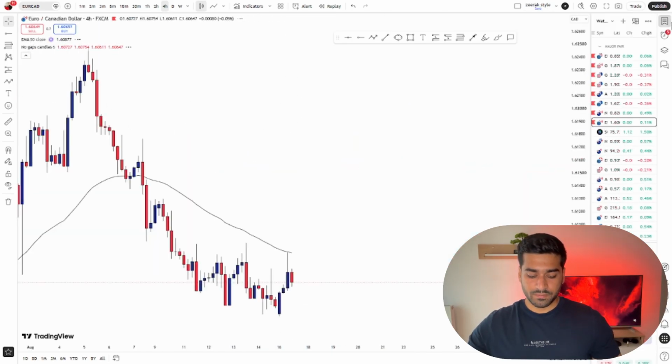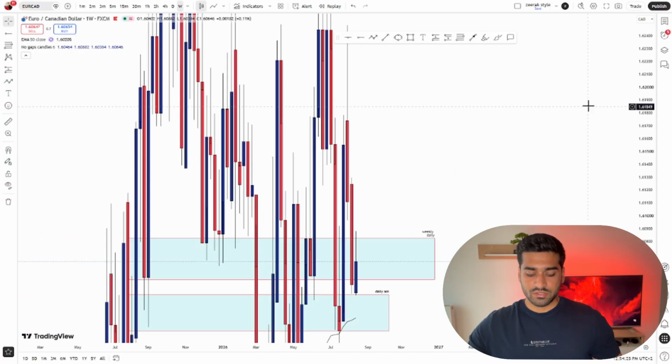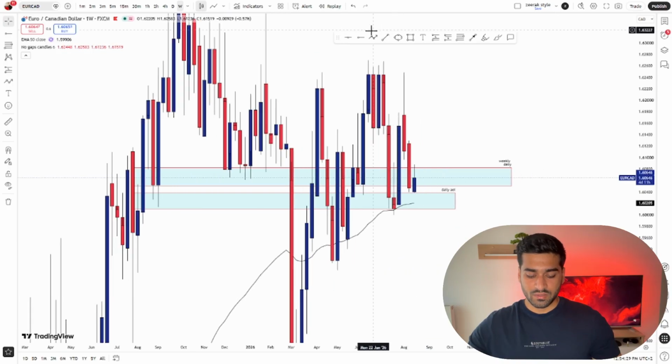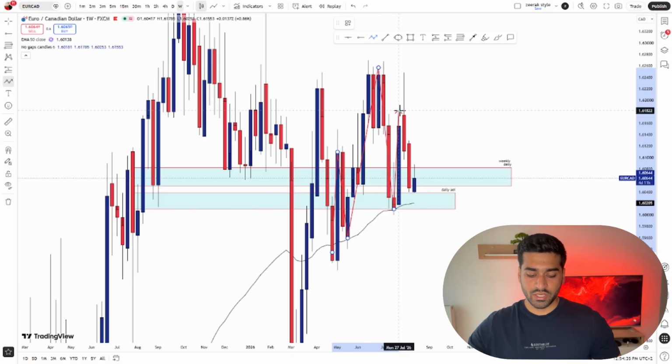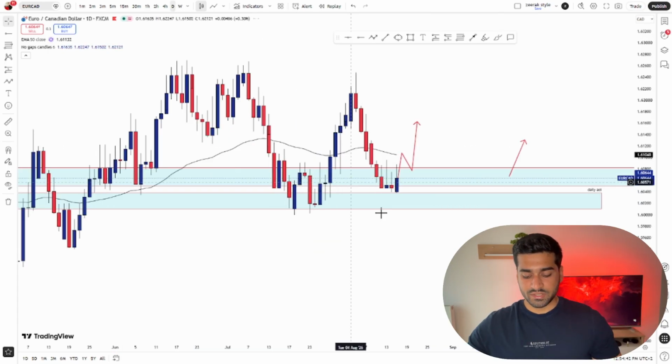In the last one is EuroCAD. So in EuroCAD, if you guys can see from here, higher high, higher low, higher high, higher low, we have an engulfing candlestick, we are bullish. We come to the weekly area of interest. When I go to the daily, it is also bullish.